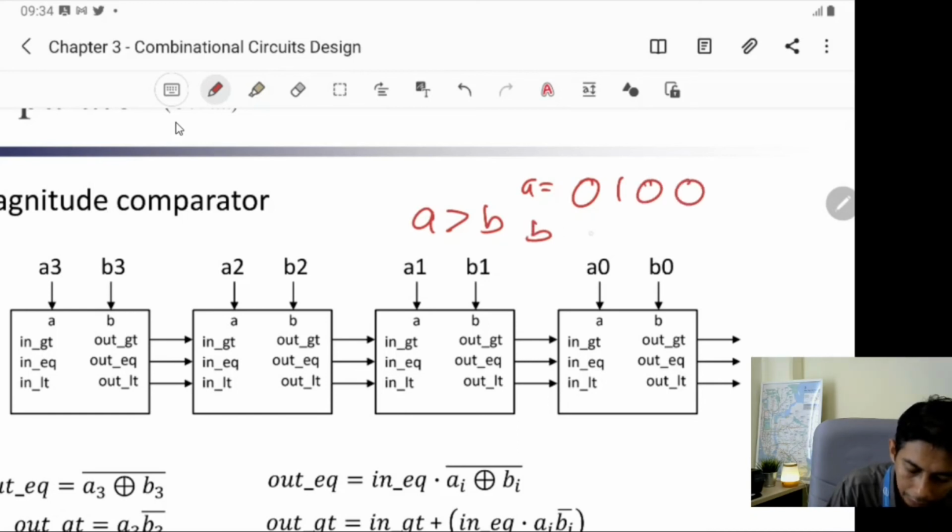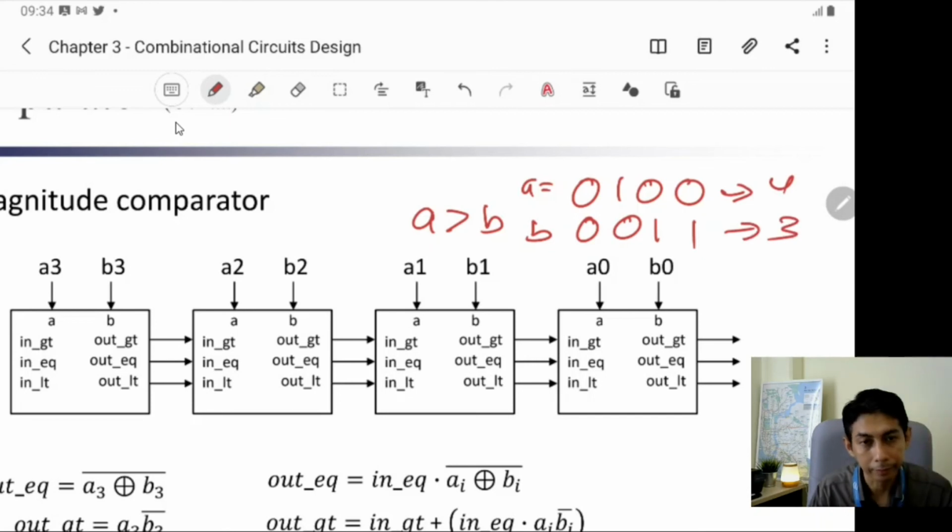And B is 0, 0, 1, 1. For example, this is 4, this is 3.